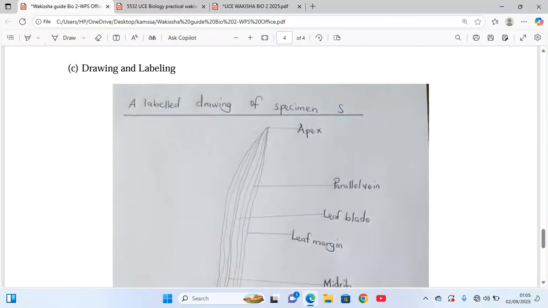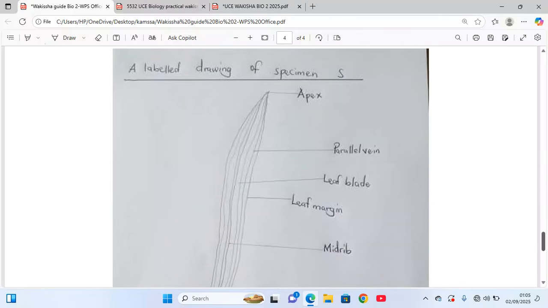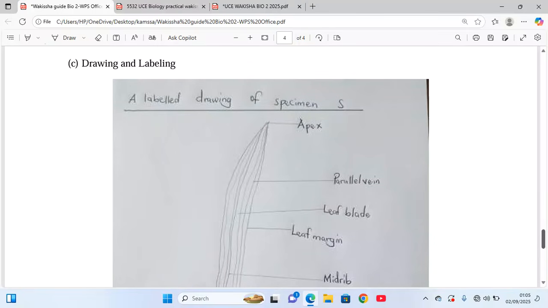Our drawings should have a title, that is what we are saying, a drawing of leaf of specimen S, which was the leaf of maize. The drawing should have an outline, and when we talk about an outline, we don't mean you to draw a scale.